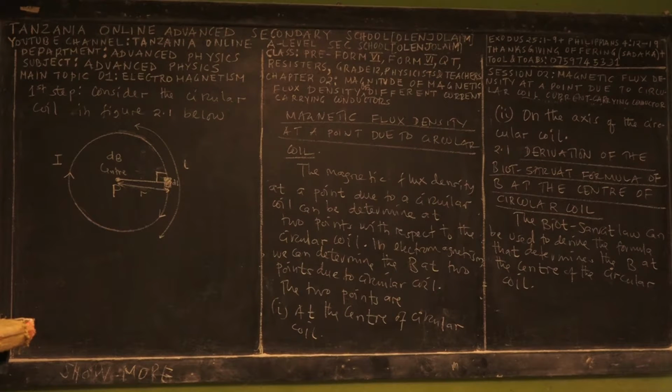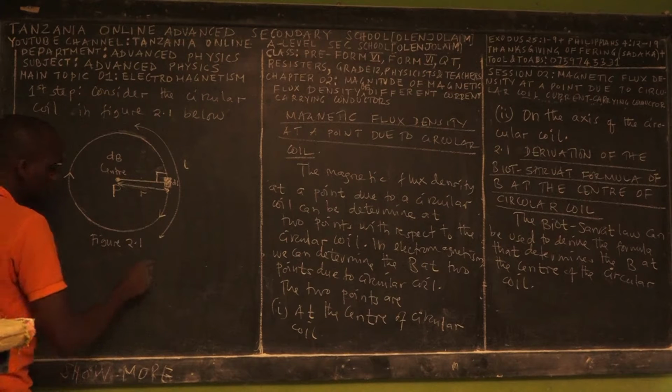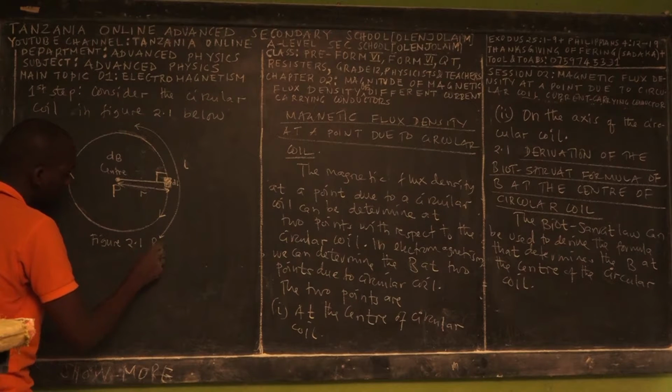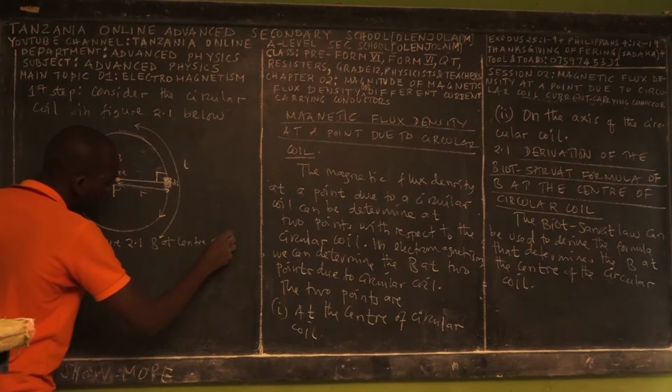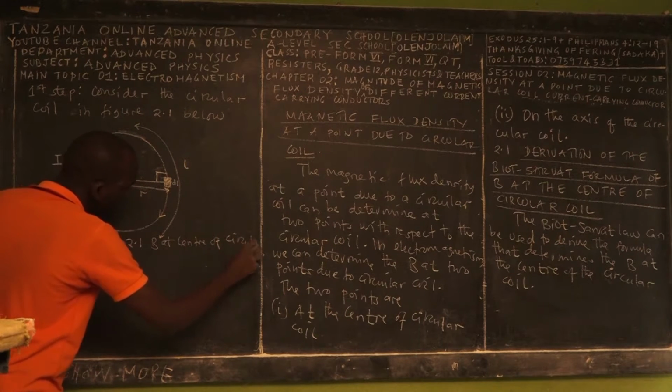This is all about your figure 2.1, which shows the magnetic flux density at the center of a circular coil.